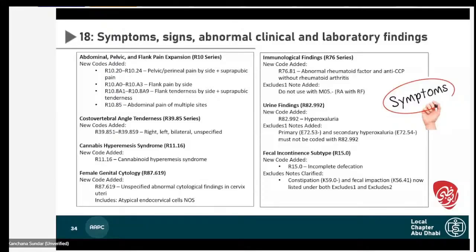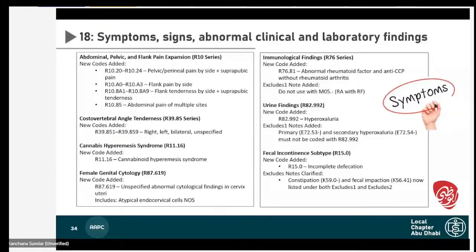And now in Excludes1, you will know why we have M05. Just a few slides before we spoke about rheumatoid arthritis and antibodies. So we should not code rheumatoid arthritis and rheumatoid-impacting antibodies along with the abnormal rheumatoid factors. So there is a huge meaning in why it is getting excluded. And when it comes to urine findings, hyperoxaluria, I think you all are recollecting it from the good discussion we had on the genitourinary chapter, where we spoke more about hyperoxaluria.